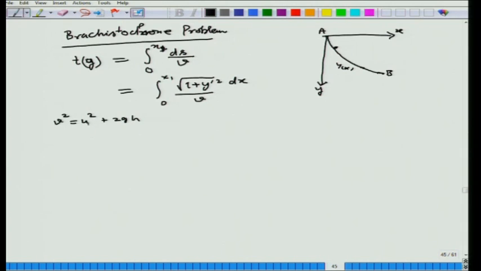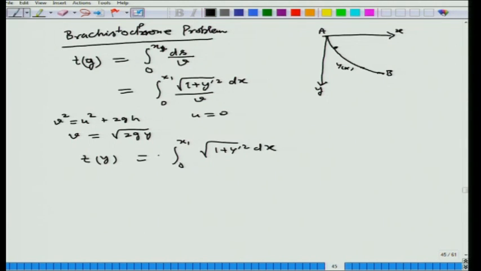So, using this formula we see that v is actually root 2 g y, where height h is now taken as y. So, substituting it here, we see that t y comes out to be integral 0 to x 1 of square root 1 plus y prime square d x over root 2 g, we can take this constant out, times root y.